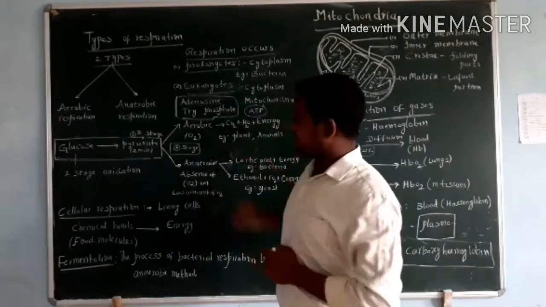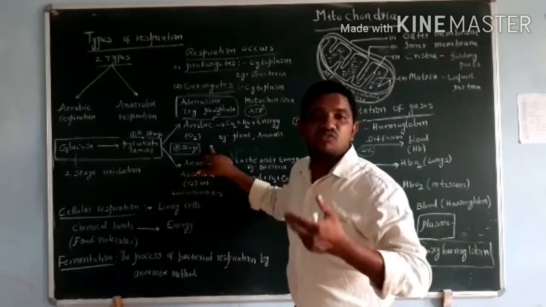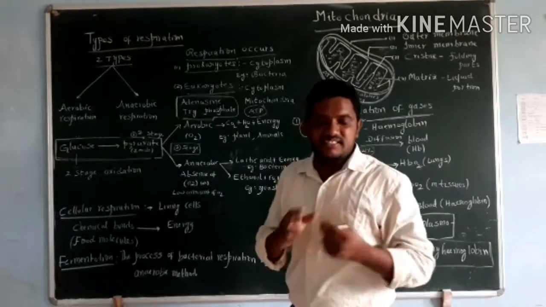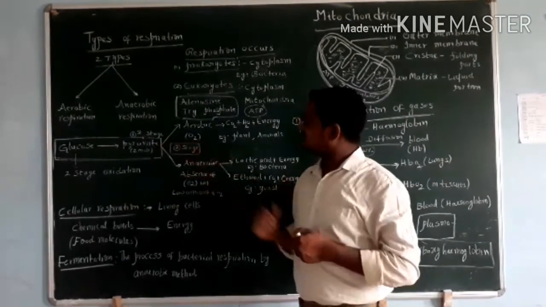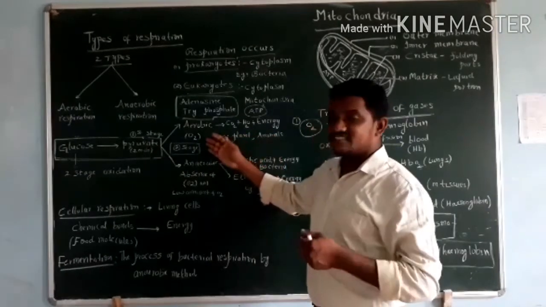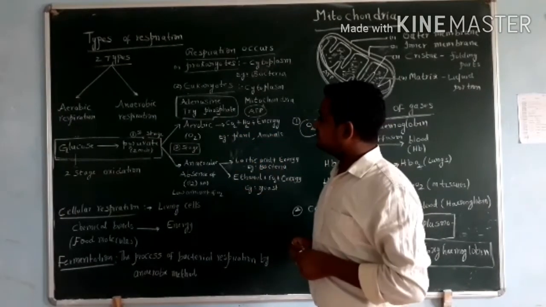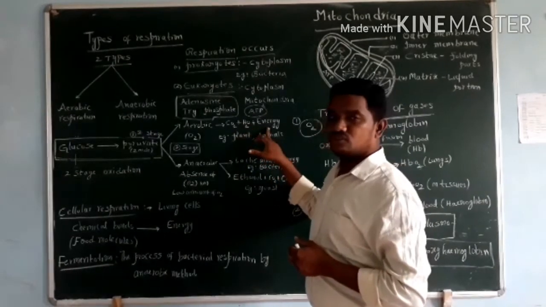Second stage is based on the availability of oxygen. If oxygen is present, pyruvic acid goes to CO2 and H2O.